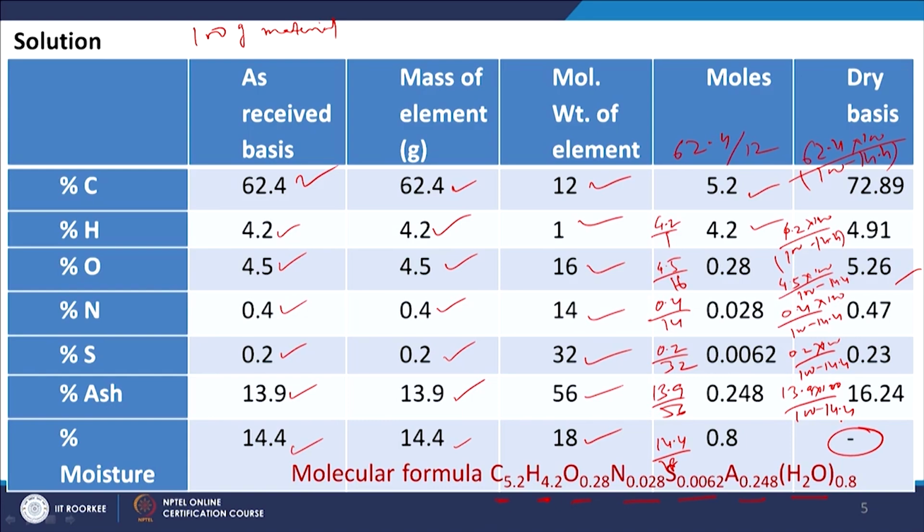So, these are the dry basis compositions we are getting for different elements.